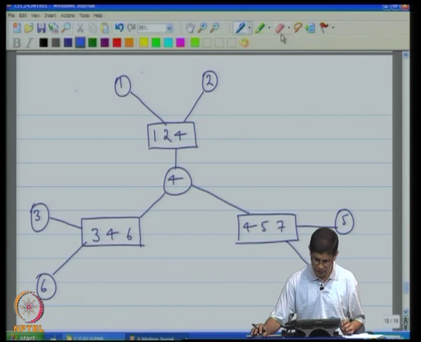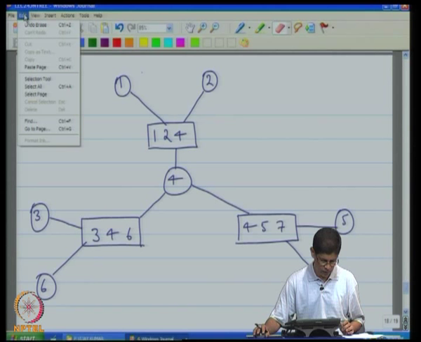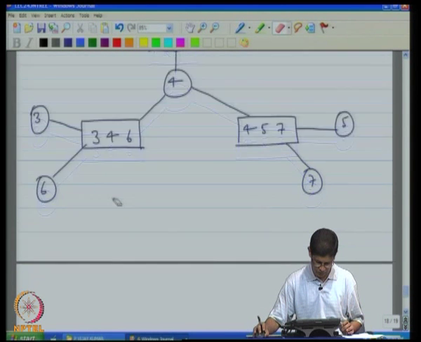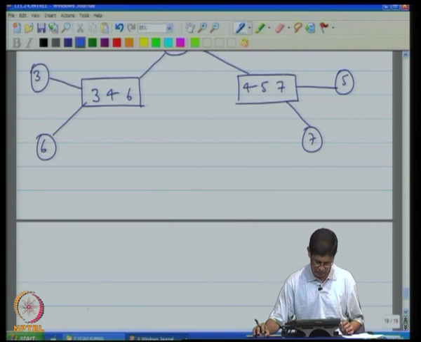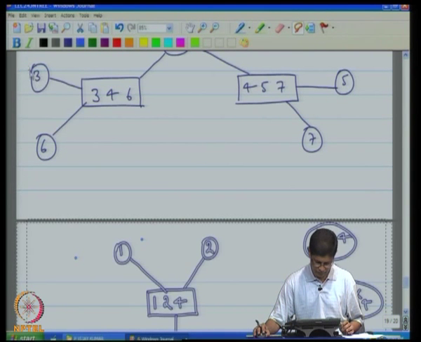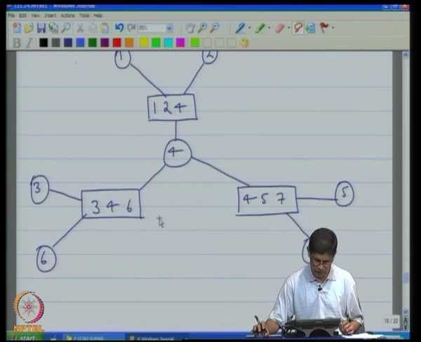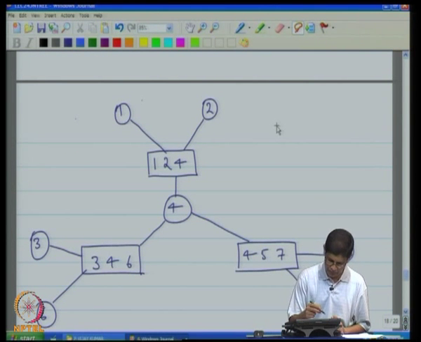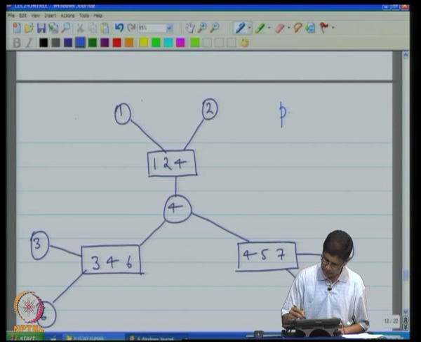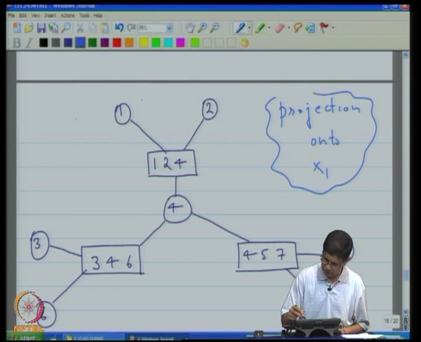Let's copy this page over a few times because we will use it a couple of times. So, the projection onto variable x1. That is what we are interested in.